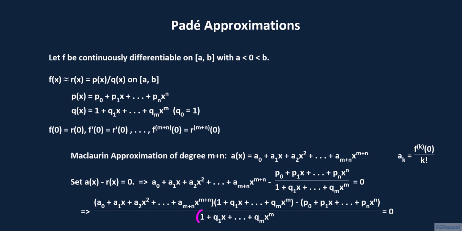Because q of 0 is equal to 1 and q is a continuous function, q of x must be non-zero over an open interval of positive length around x equals 0. And so based on our assumption that a of x minus r of x is identically equal to 0, the numerator of the left side must be identically equal to 0 over this open interval around x equals 0.